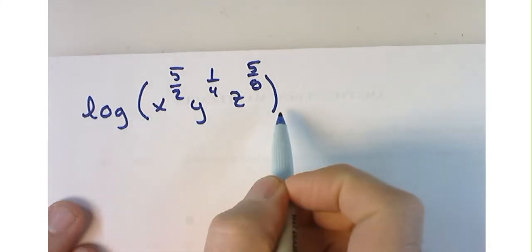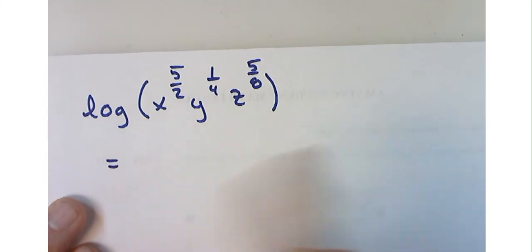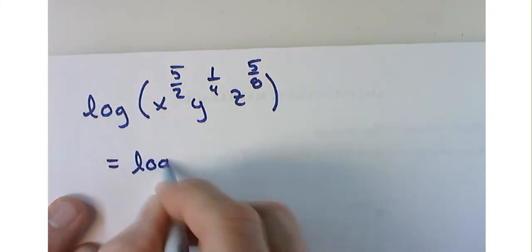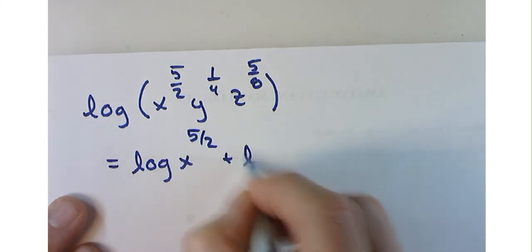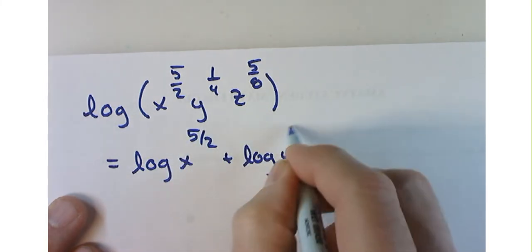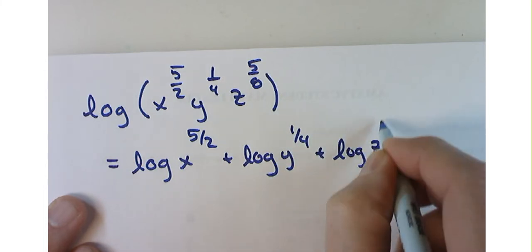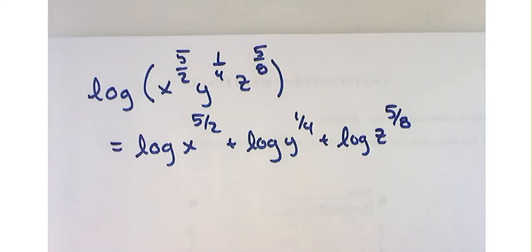This is a log of a product. And to spare you a lot of inconvenience in the future, the log of a product turns into the sum of the logs. So it's a log of x to the 5/2 plus the log of y to the 1/4 plus the log of z to the 5/8. Okay. Who wants to deliver the final blow here in this problem?